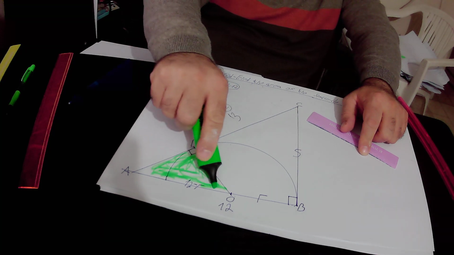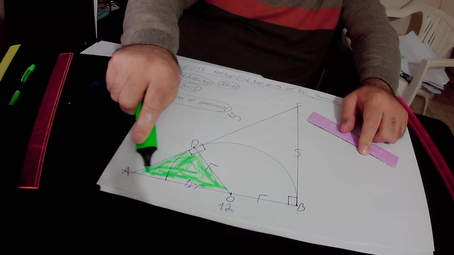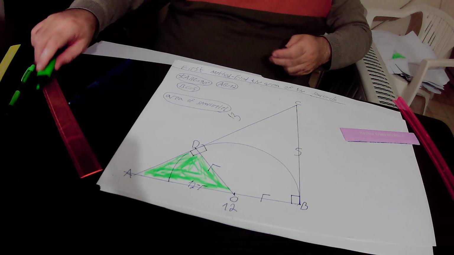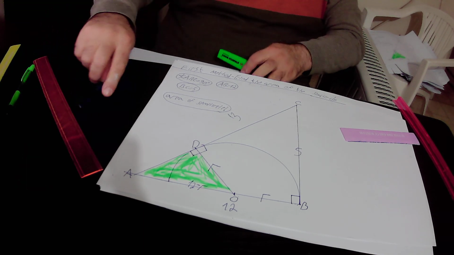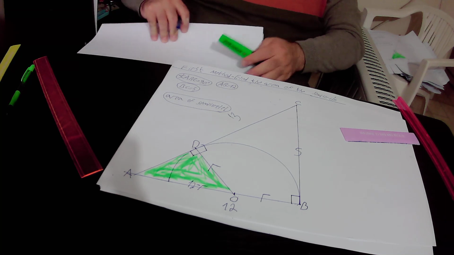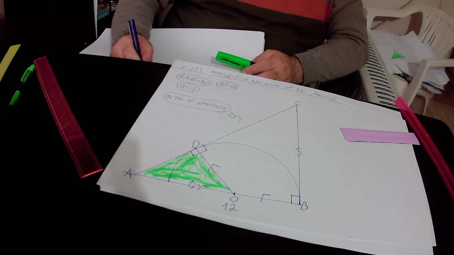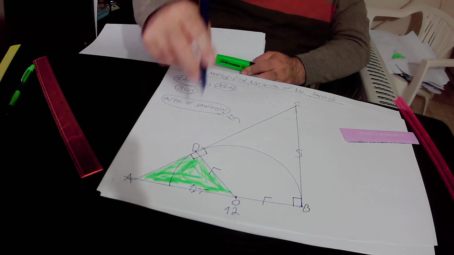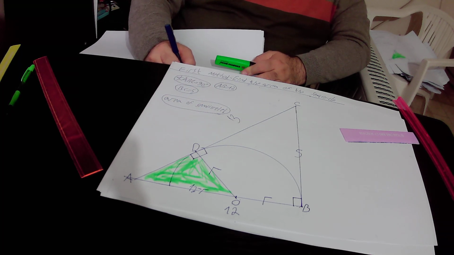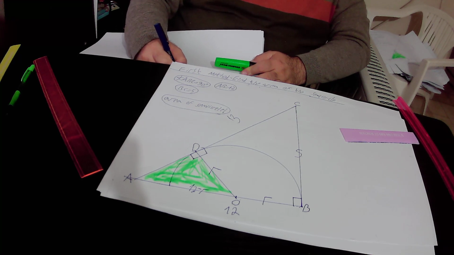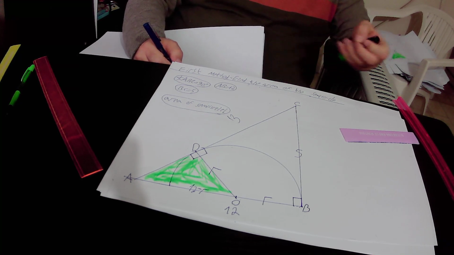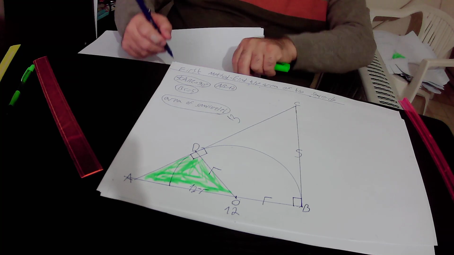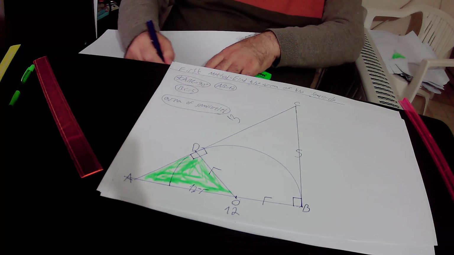Okay? I'll repeat again. We will focus on the right triangle, triangle ABC, and the green right triangle, triangle ADO, and we prove that those two right triangles are similar to each other.